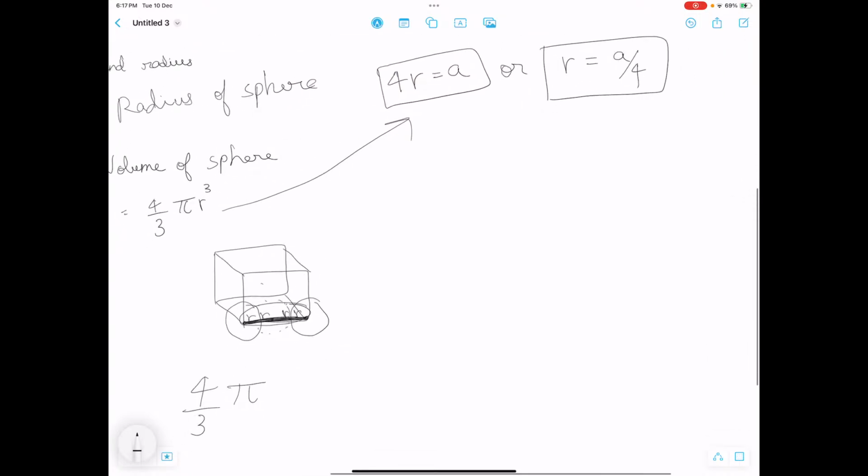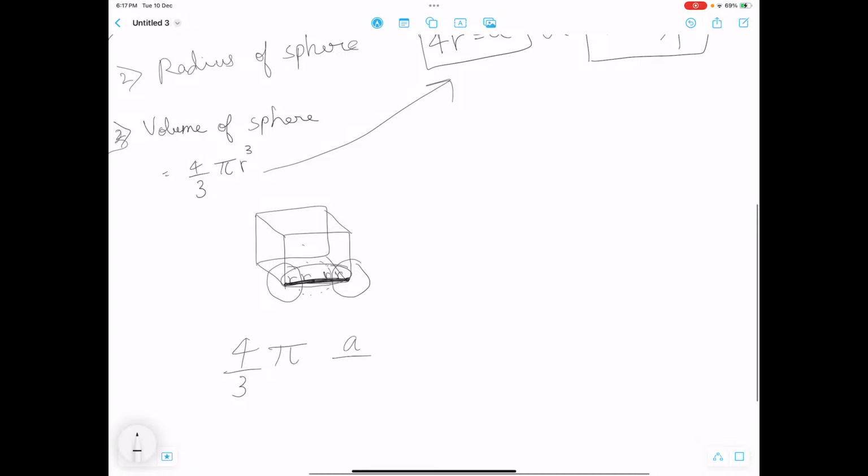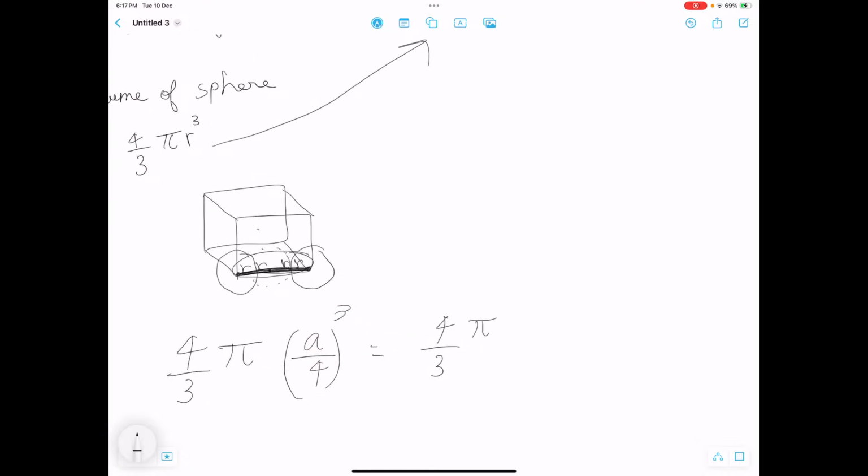Instead of r cube, we write a by 4 the whole cube. We can simplify this as 4 by 3 pi a cube by 4 cube. You can cancel this 4 by this and make it 1. So we get pi a cube by 4 square is 16, 16 to 32, 16 3s are 48.